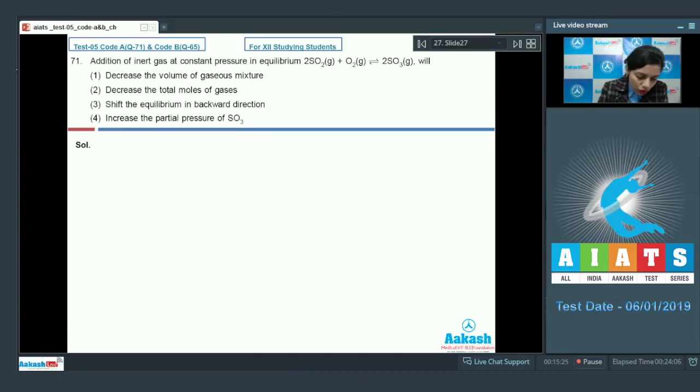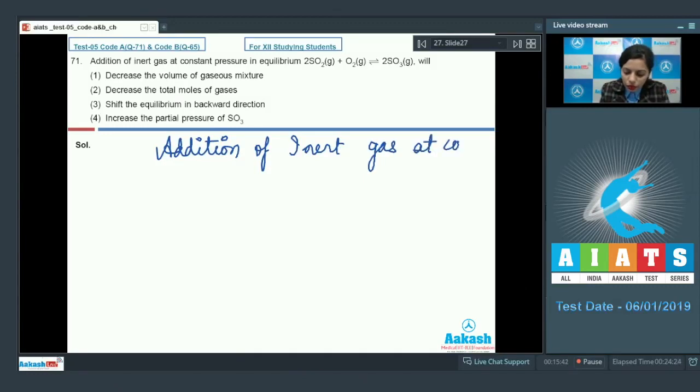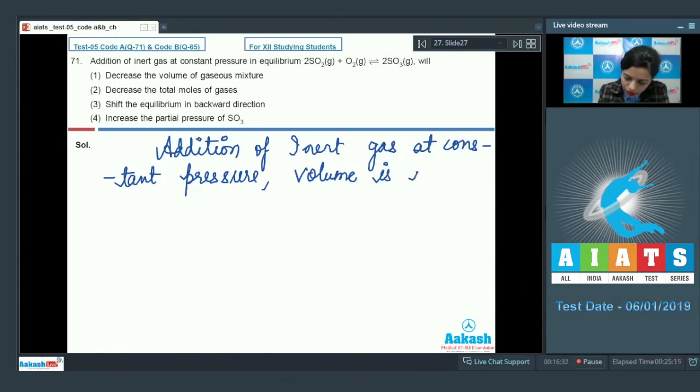So one thing you should always remember, that if you add inert gas at constant pressure, then definitely in that case volume is increased.